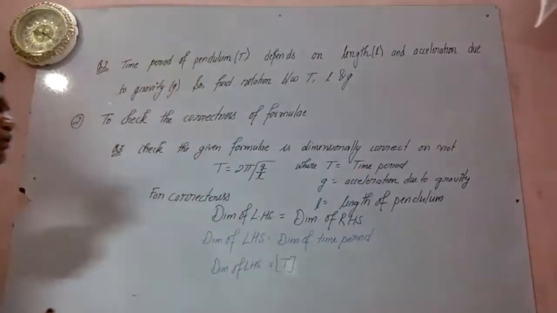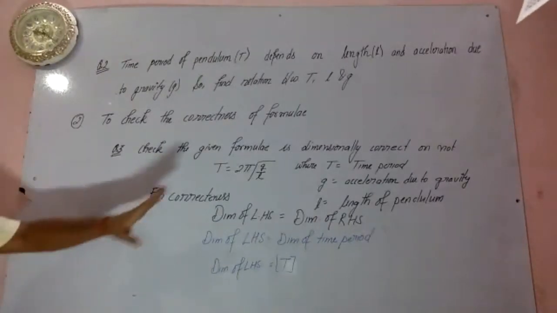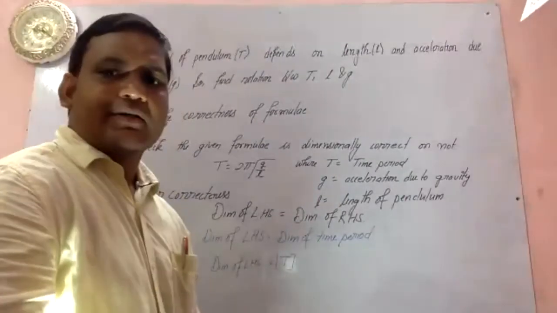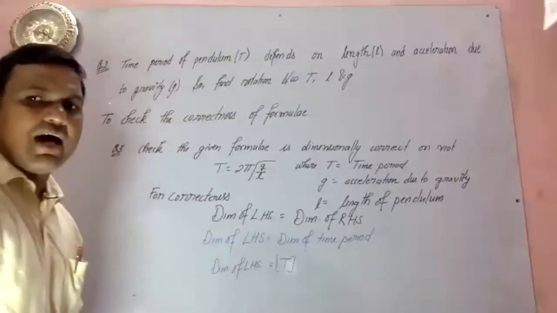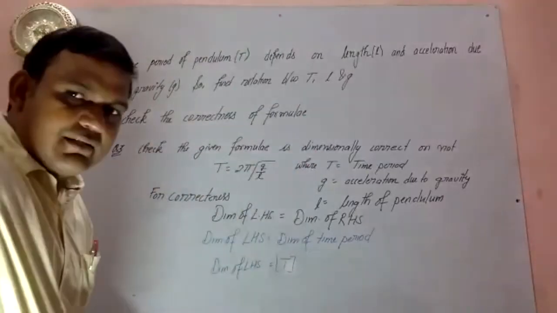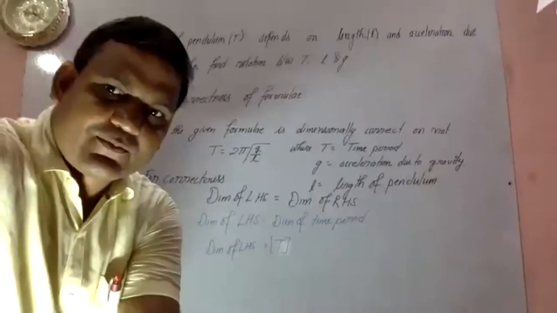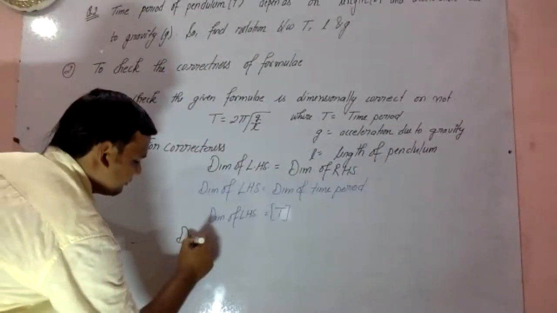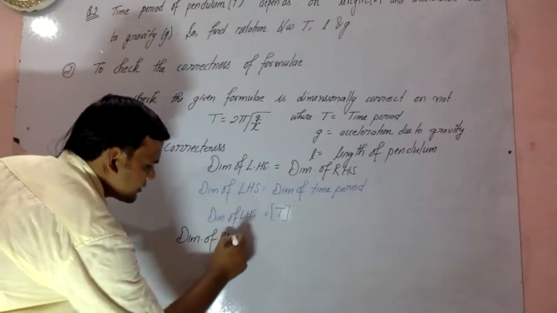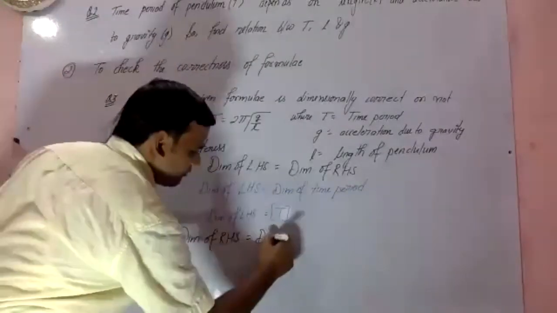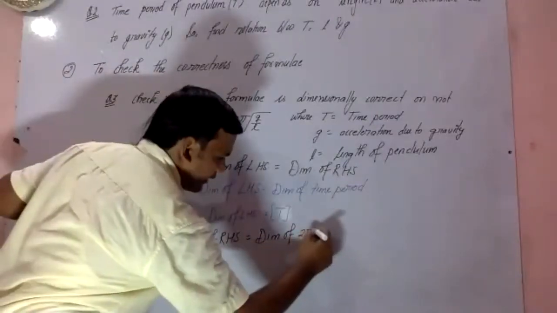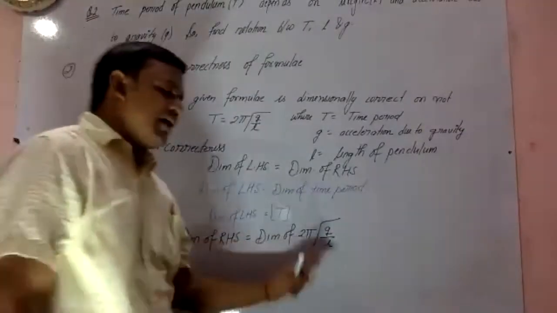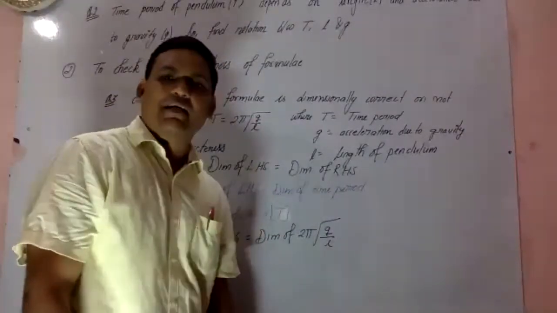Now what do you need to see? You need to see what will be the dimensional formula of RHS. So for checking the dimensional formula of RHS, we need to write it like this. RHS is equal to the dimension of 2 pi under root G by L. You know 2 pi is a constant.